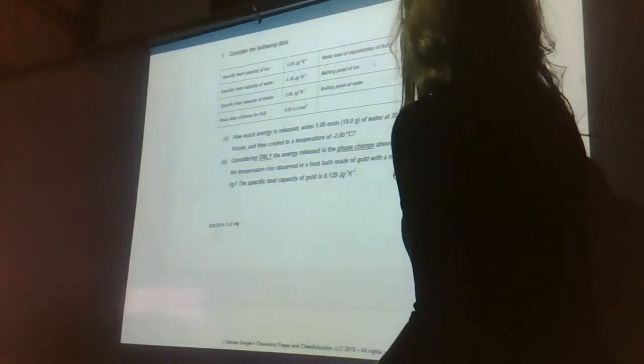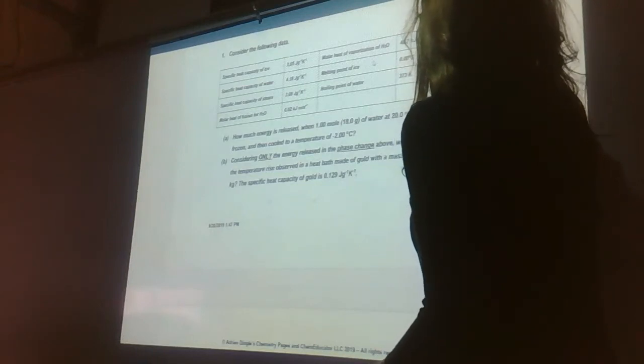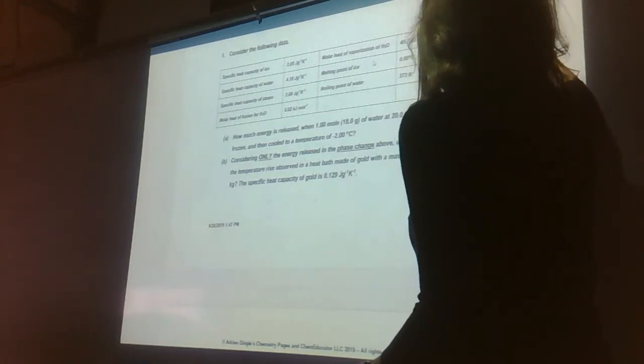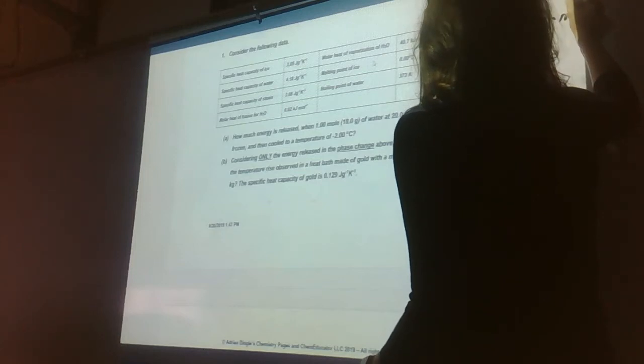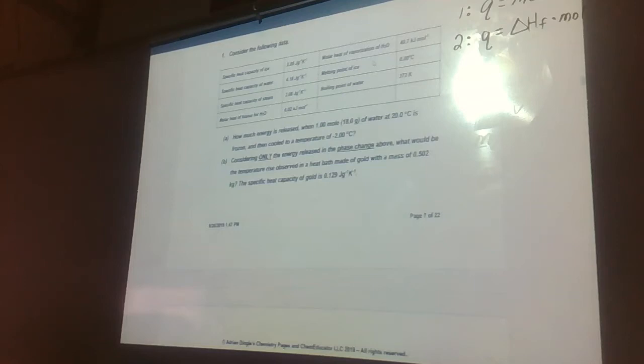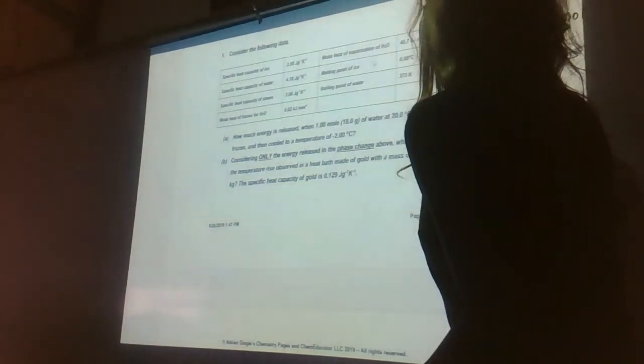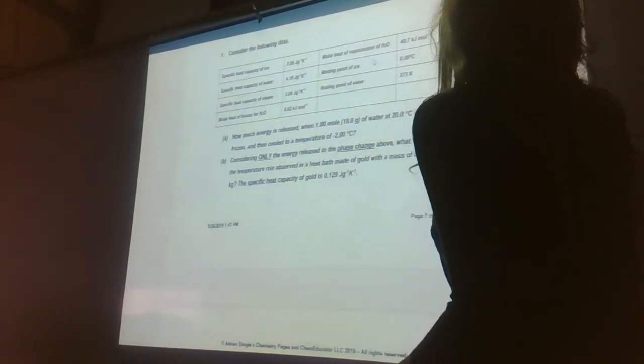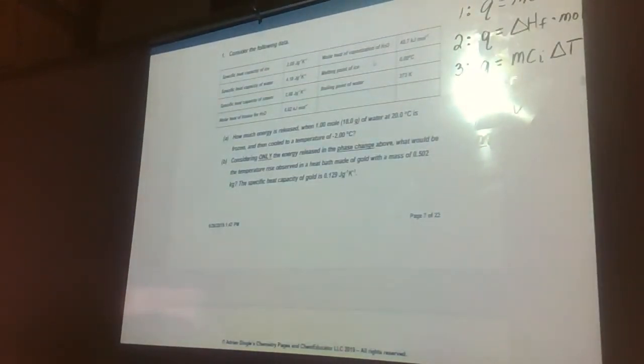Then water at 0 starts to freeze, and I have to find the energy it takes to freeze it. Once it's frozen, I can change the temperature of my ice from 0 to -2. 3 parts. Change the temperature of the water, freeze the water, change the temperature of the ice.